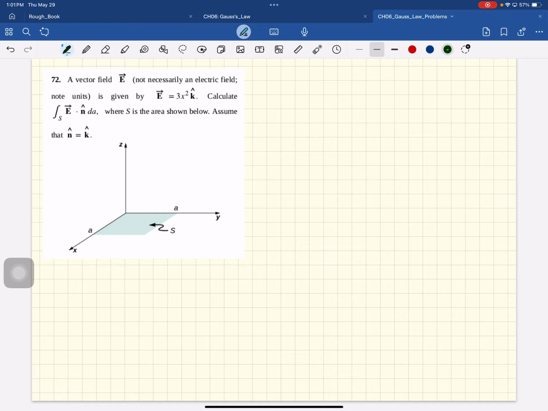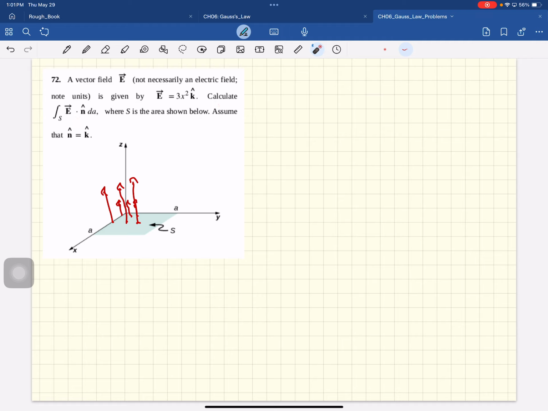All right, let me draw the vector field. It's 0 there. So that's how it looks. Calculate the flux of E through S, where S is the area shown below.